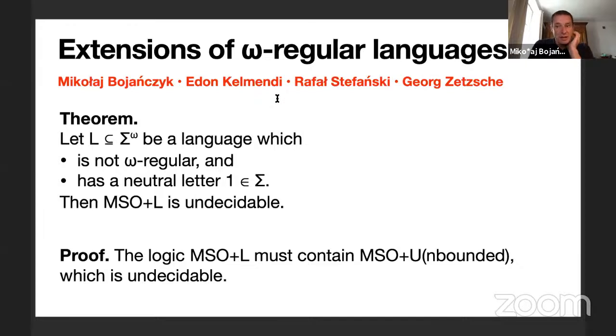That's why we need to work much harder than in the case of finite words, where you can just use the canonical Myhill-Nerode equivalence relation, either two-sided or one-sided. So these omega words are much more subtle, and we need to work harder for that.